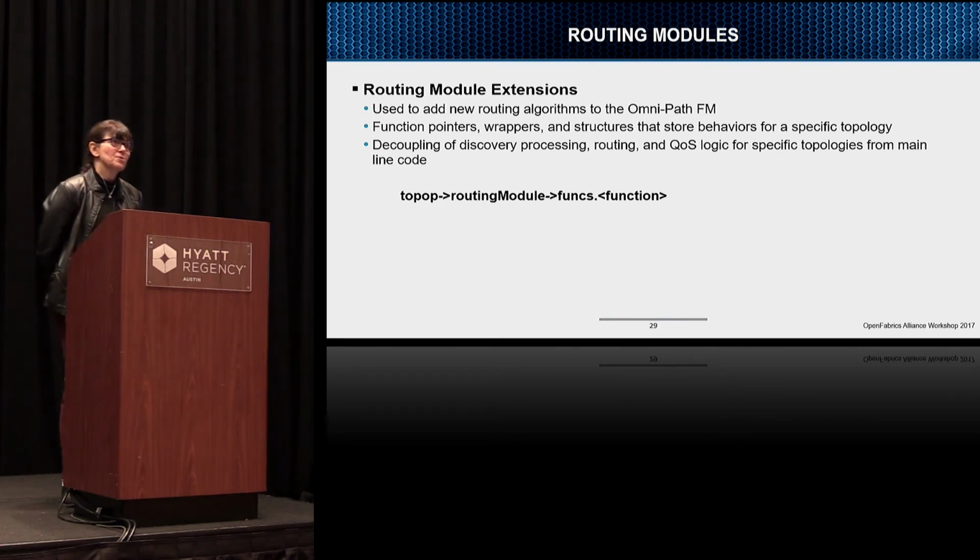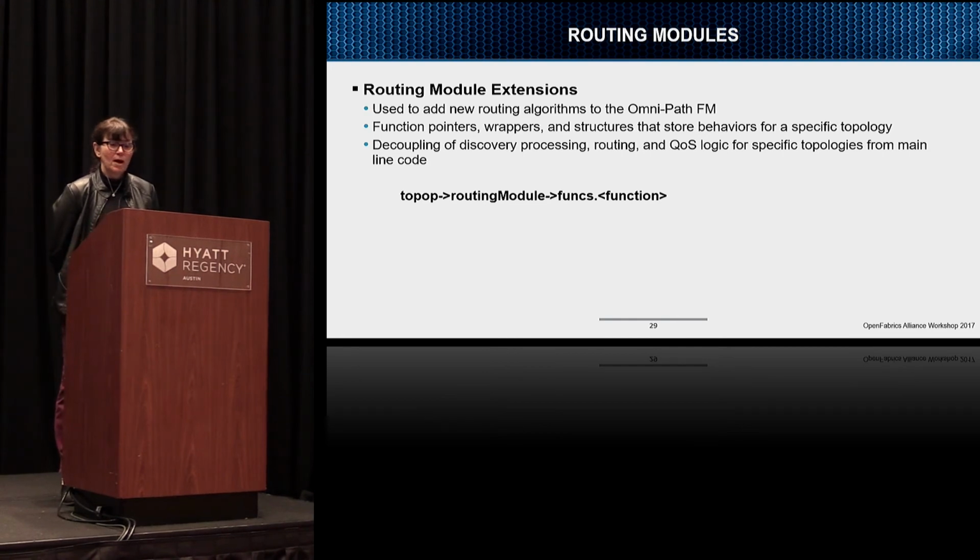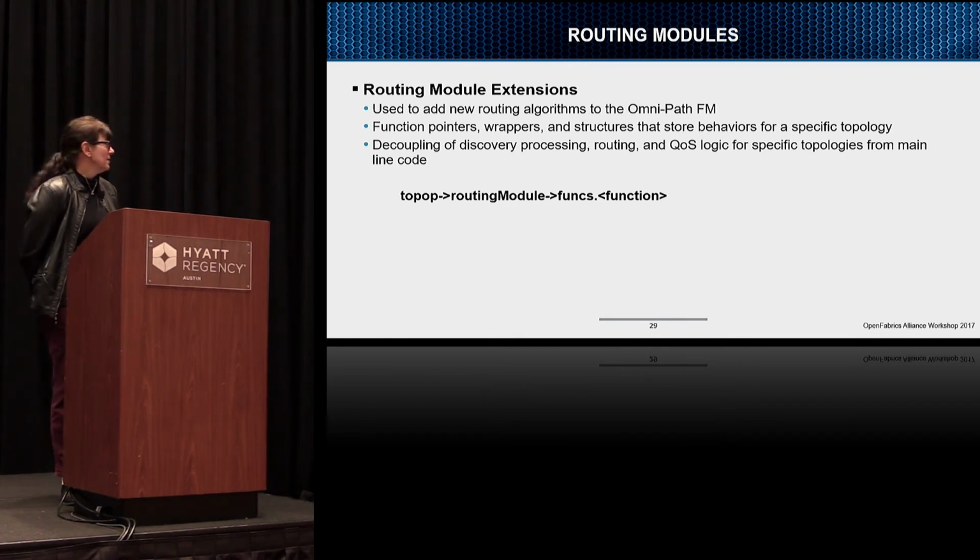During the discovery process, you'll want to walk the fabric in a fat tree and figure out what the topology looks like. Of course, you'll need different routing algorithms, so there are abstractions for routing and different abstractions for quality of service. So essentially, from the mainline code, you would call into this routing module and instantiate the one that is actually configured. And so this is a way to easily add a new routing module to our fabric manager.